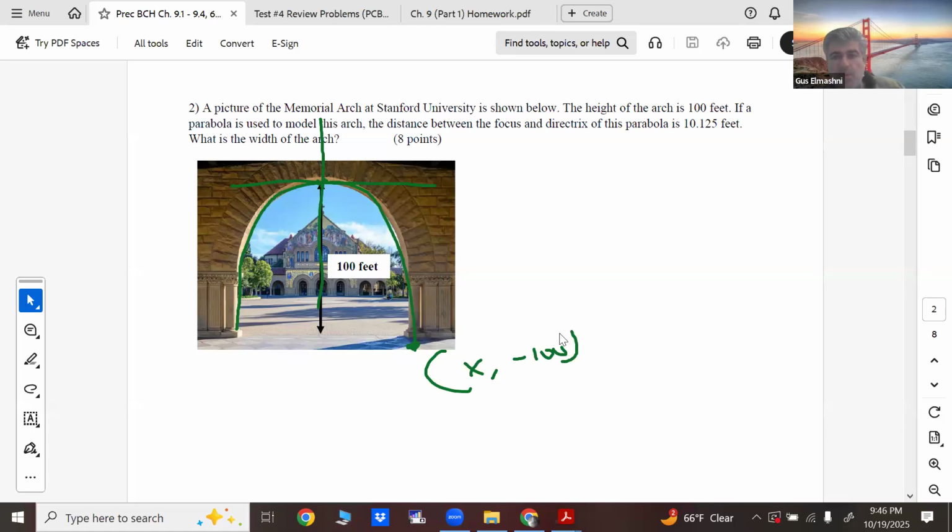But then you're told the focus and directrix is that, which is 2p, by the way. And then y plus 100 times 4p.